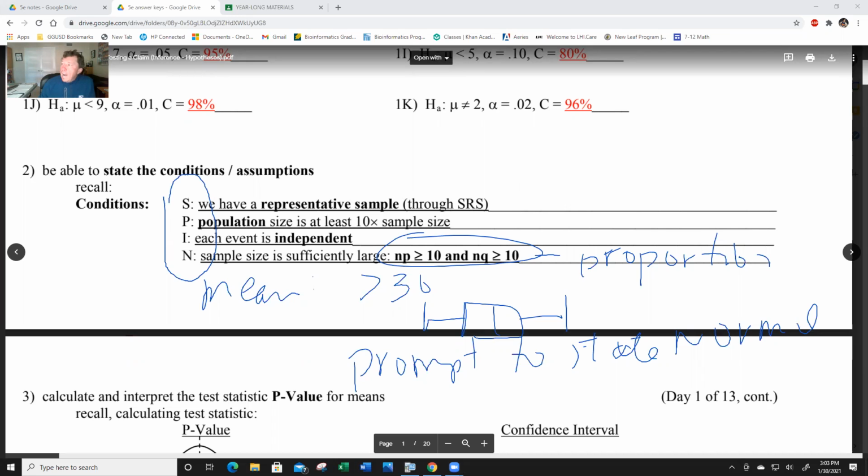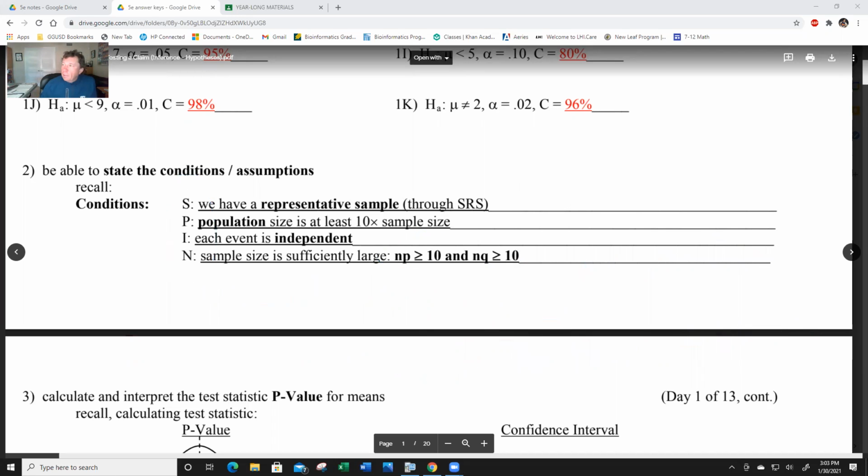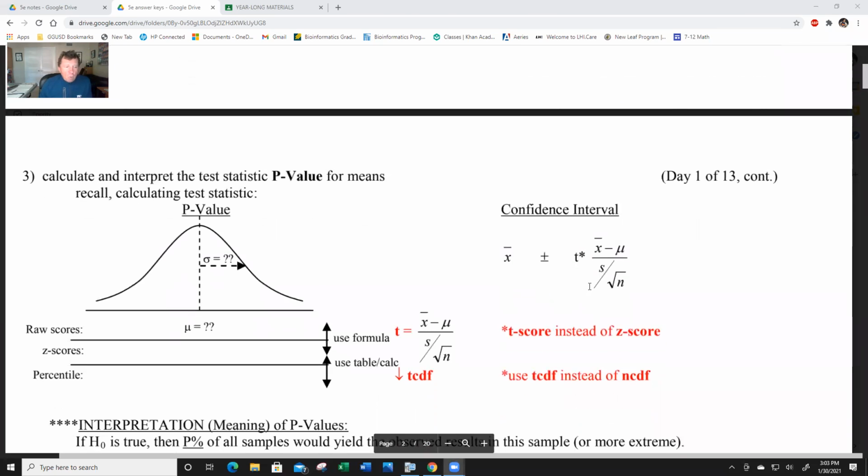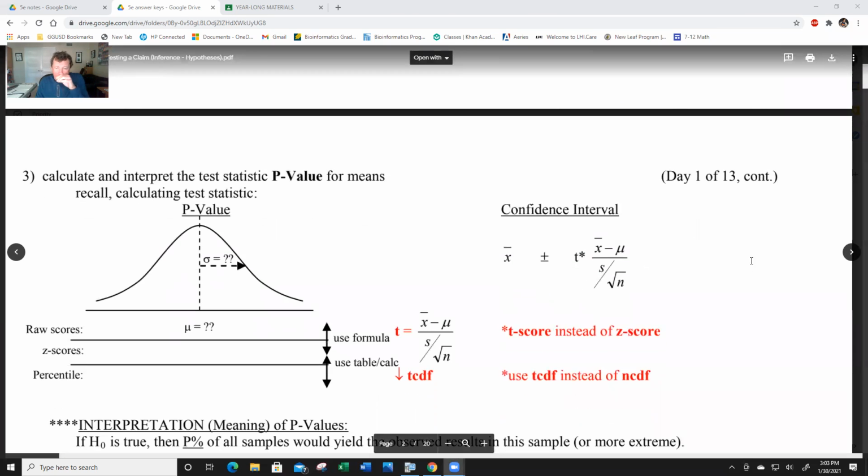All right, now, next step. This is going to be so easy for you. And there's even a shortcut later on, but for right now, we're going to take the long cut. We are going to be doing t-scores and z-scores. I'm going to write this out, and you may want to make a note of that. We're going to do a T for a mean, and we're going to do a Z for a proportion.